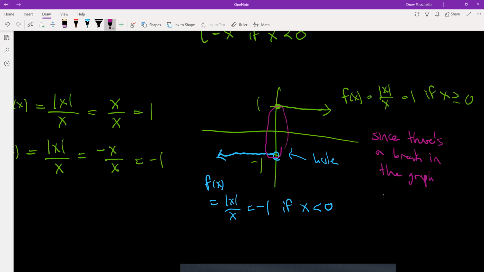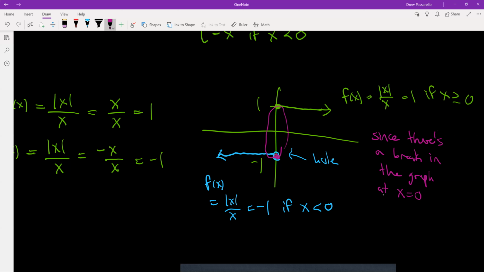So since there's a break in the graph and that occurs at 0, and further we have this hole down here at 0, then because of the break, I can't just enclose this.